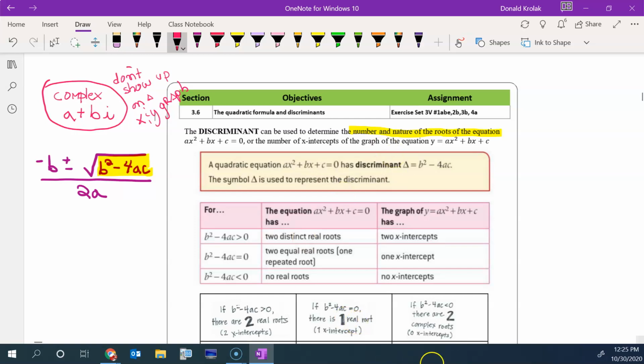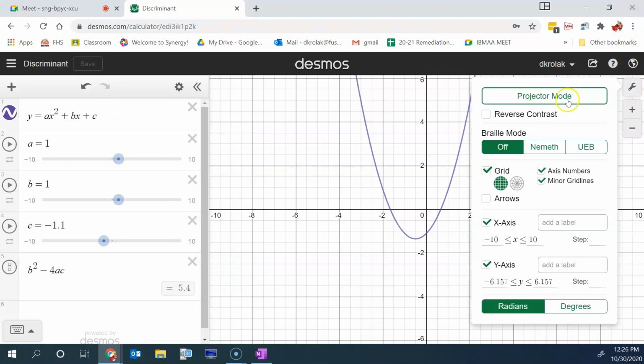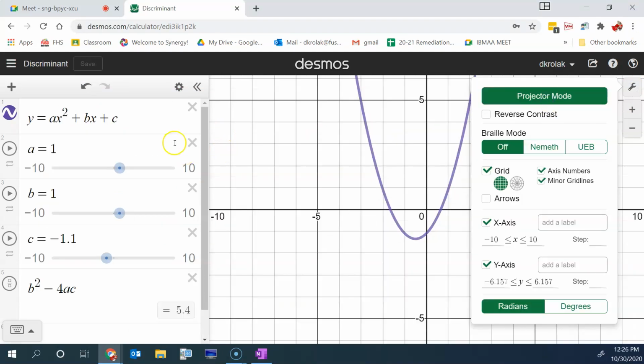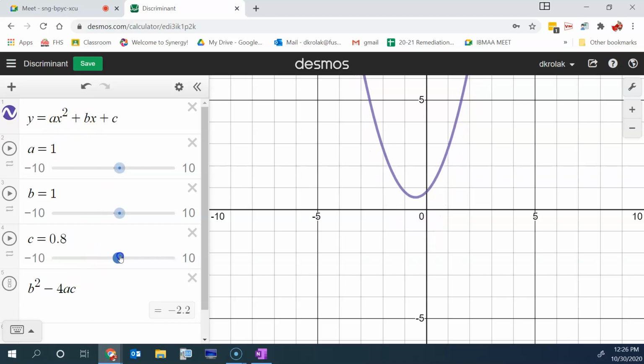Okay, now if you look at this Desmos graph here, all I'm doing is just changing the numbers. These sliders change the values of these coefficients like A, B, and C. So right now, A is 1, B is 1, and I'm going to make C like 2.